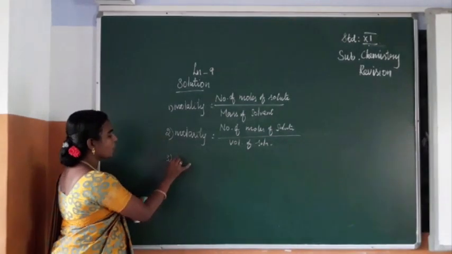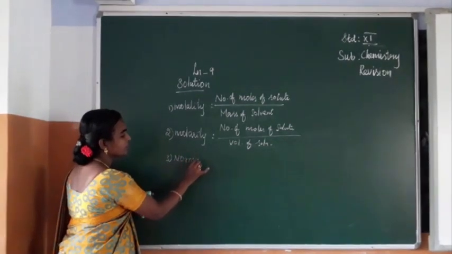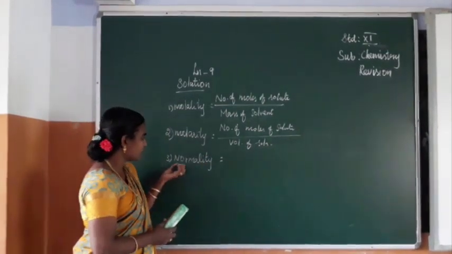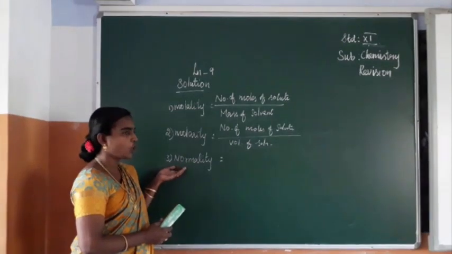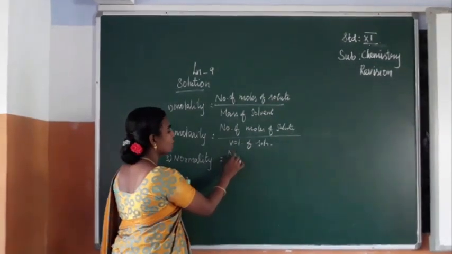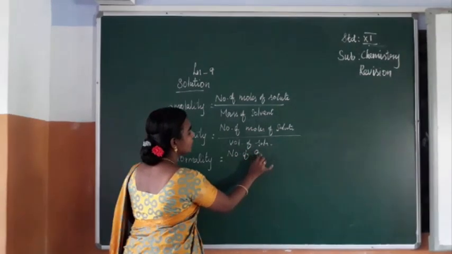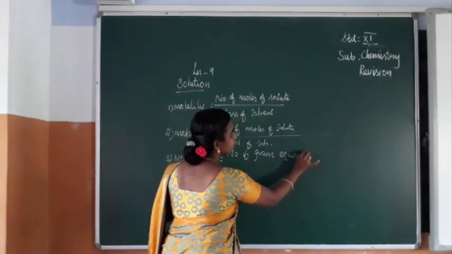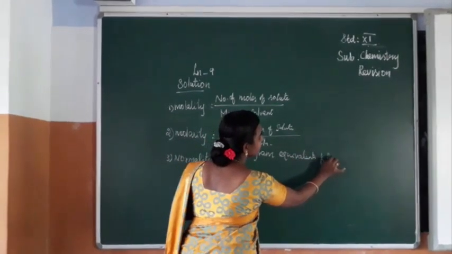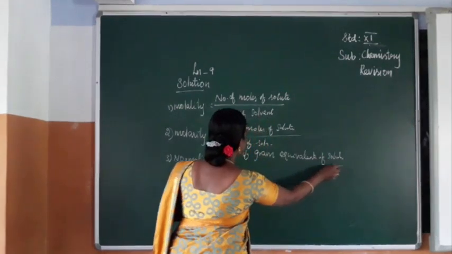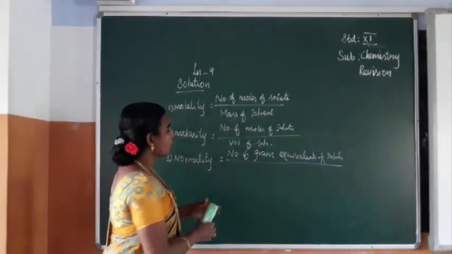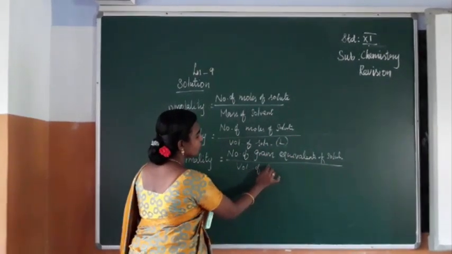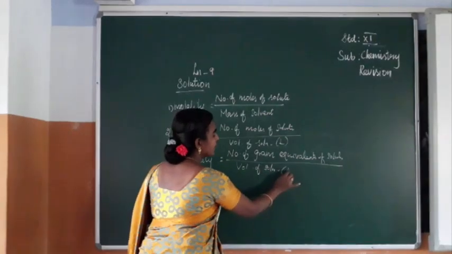Next, normality. This term is used in practical titrations. Normality is the ratio of the number of gram equivalents of solute divided by the volume of solution in liters.